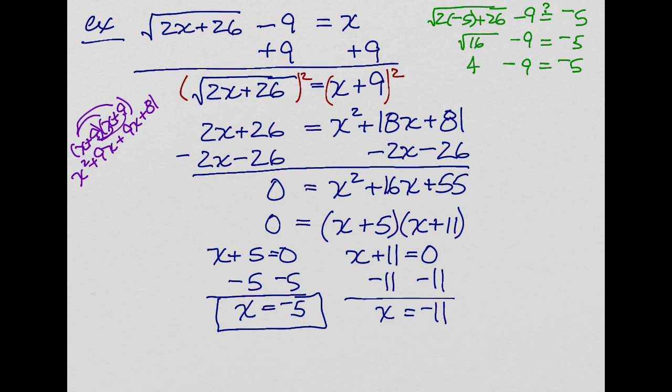The square root of 2 times negative 11 plus 26, minus 9, and I want to know, does that equal x? x is negative 11. So let's see. That's negative 22 plus 26. Negative 22 plus 26 is positive 4.